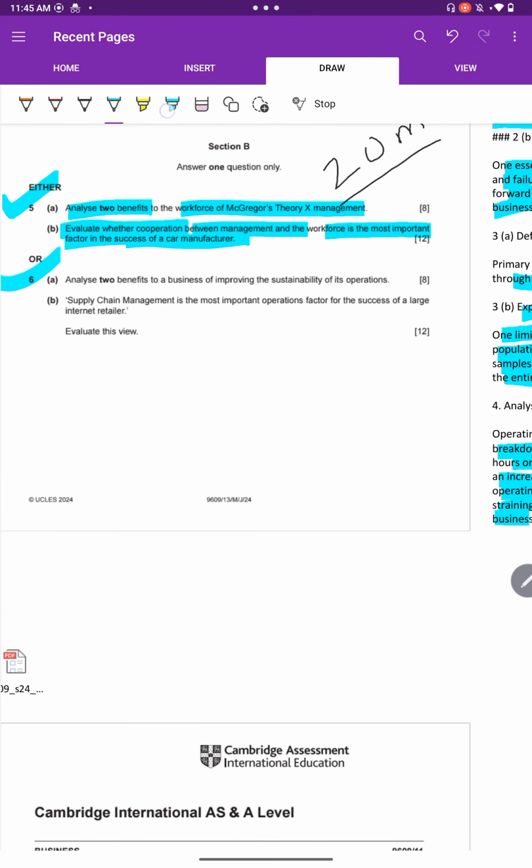So we have this question: analyze two benefits to a business of improving the sustainability of its operation, and supply chain management is the most important operation for the success of a large internet retailer. Evaluate this view.